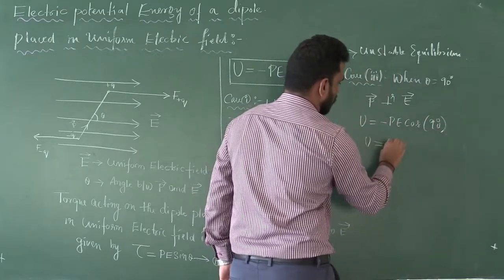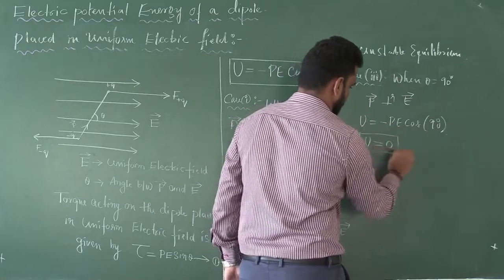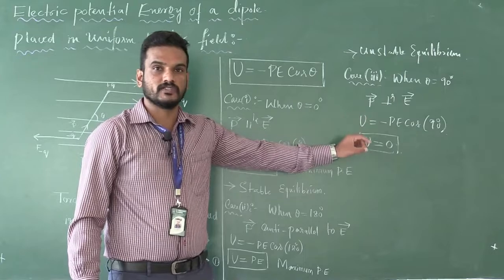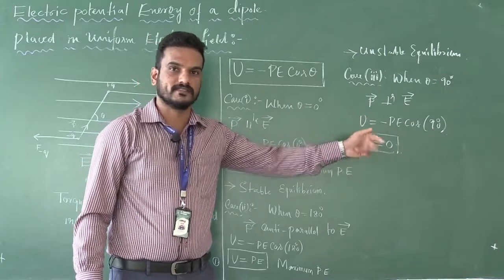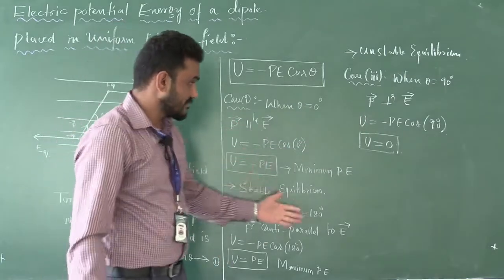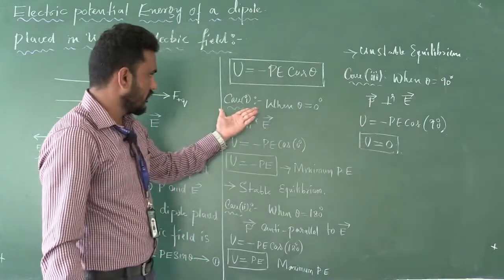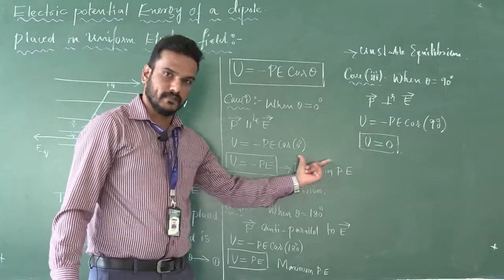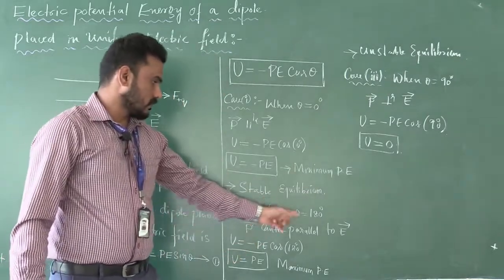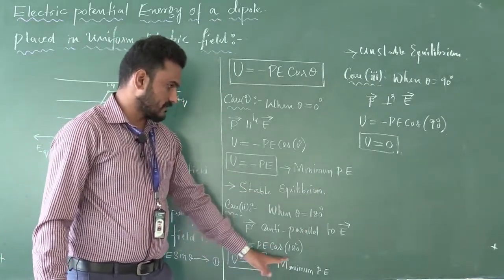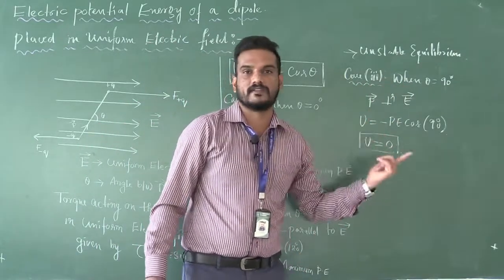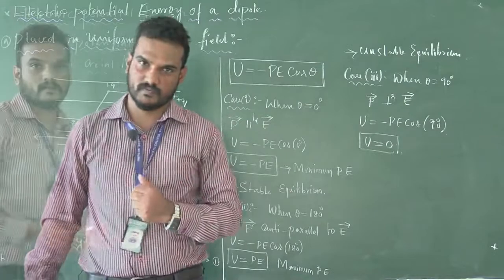So U is equal to 0. So in this position, the potential energy of the dipole is 0. So these are the 3 cases. When theta is equal to 0 degree, the potential energy is minimum. When theta is equal to 180 degree, the potential energy is maximum. When theta is equal to 90 degree, the potential energy of a dipole is 0.